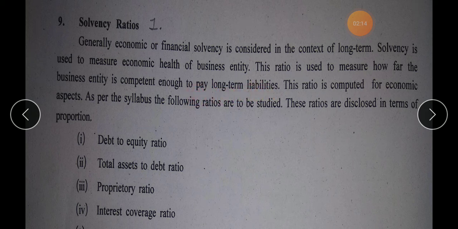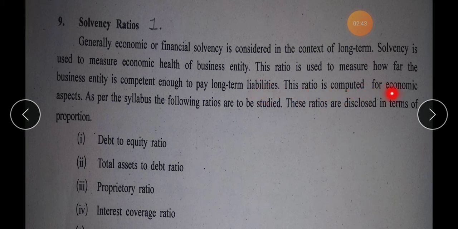Obviously, you know the meaning of the word long-term liabilities. There are 2 types of liabilities in the business, non-current or say long-term, and current liabilities. So, with the help of solvency ratios, we get to know how far the business entity is competent to pay long-term liabilities.